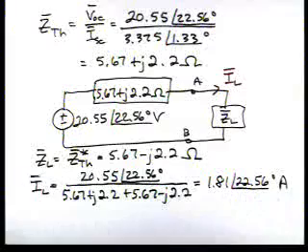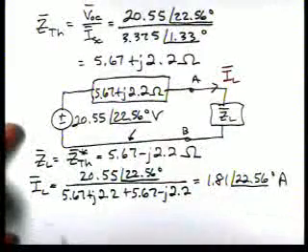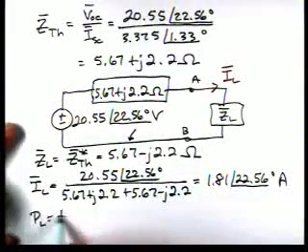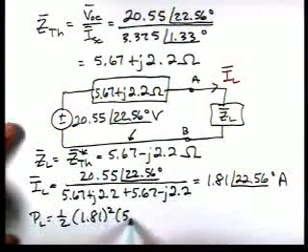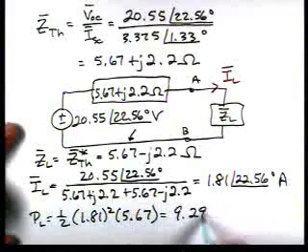And the average power in the load is going to be associated with the resistive part of the load. So then P sub L is 1/2 times 1.81 squared times 5.67, which is 9.29 watts.